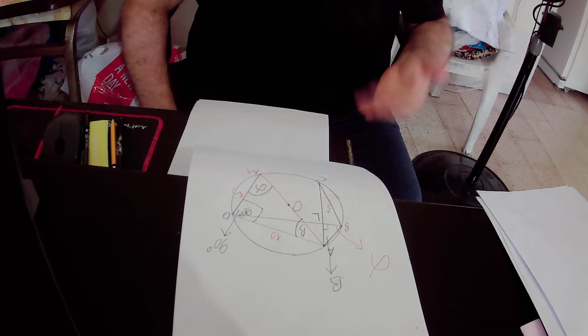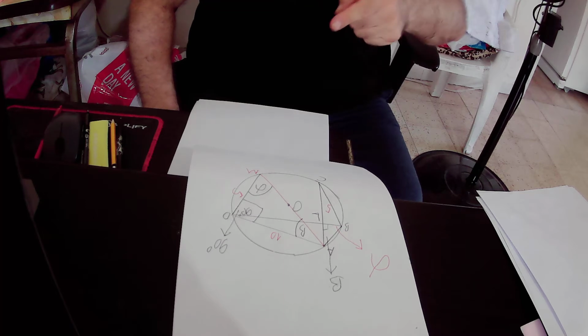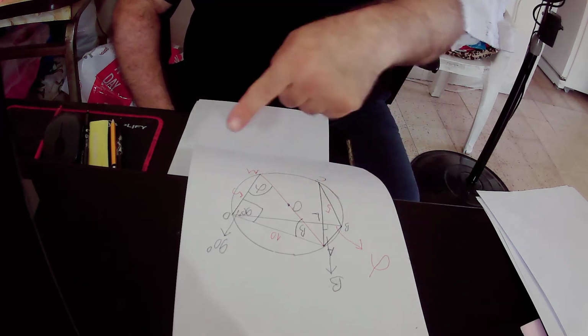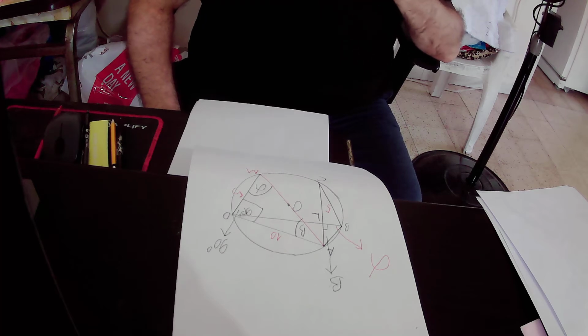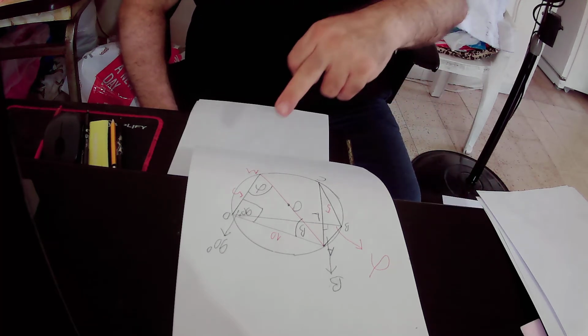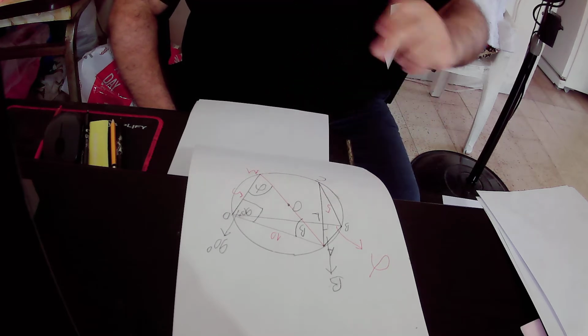So according to rule number 2, because those two angles rest on the same chord AD, they are equal to each other. Therefore, if this angle is alpha, this angle is also alpha.